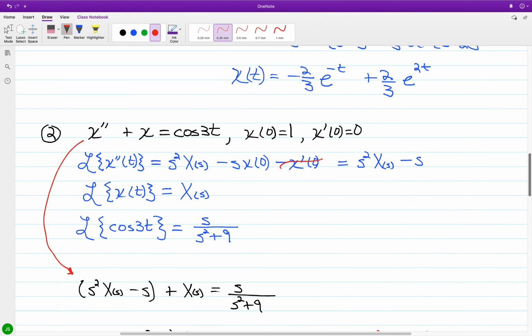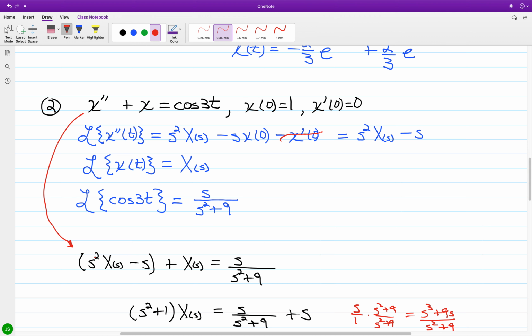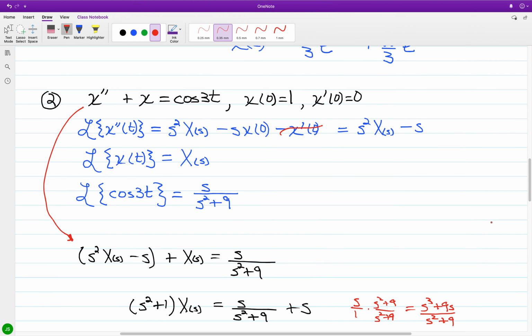And then gathering together the terms, we have s squared plus 1 quantity times the Laplace transform X(s), and that is going to be equal to s over s squared plus 9. Now the s is going to be moved over. If I put this as a fraction that I can combine with the first ratio, s translates out to, once we multiply by s squared plus 9 over itself, s cubed plus 9s all over s squared plus 9.